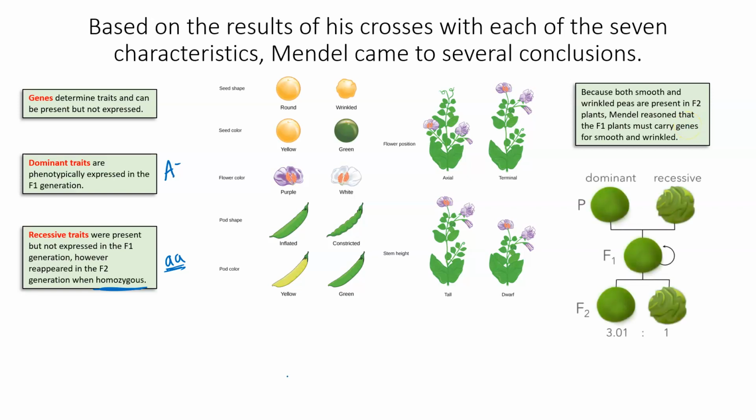Okay, and so what this means is the dominant plant in the P generation must have been big A, the recessive plant must have been little a, the little letters give rise to the recessive trait. Okay, in this case, it would be the wrinkled pea. The dominant letters give rise to the dominant phenotype, which would be the round pea.